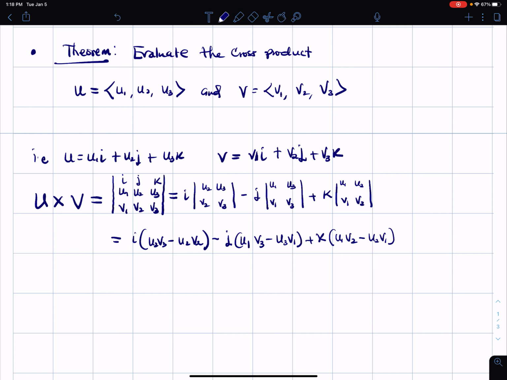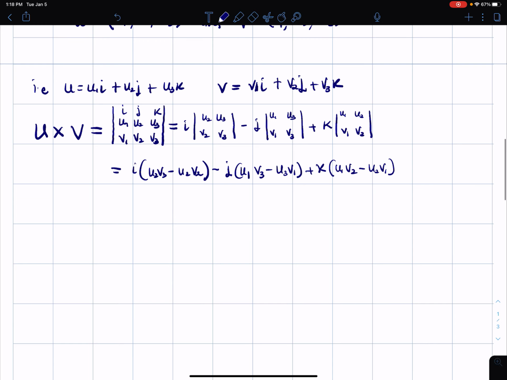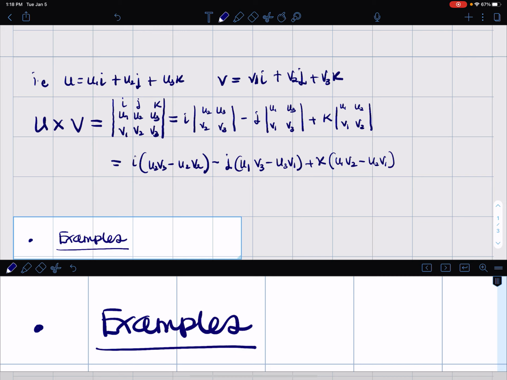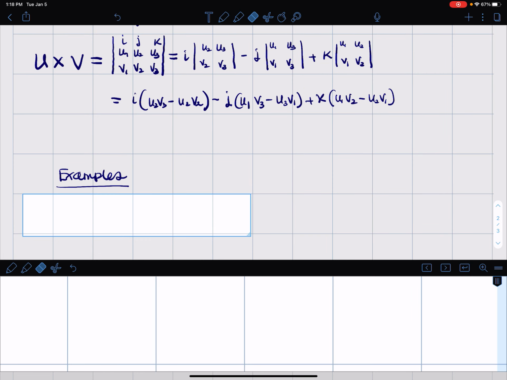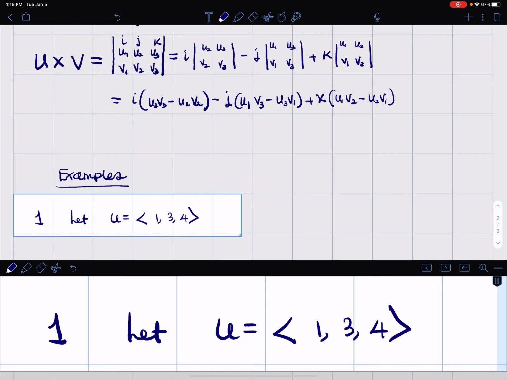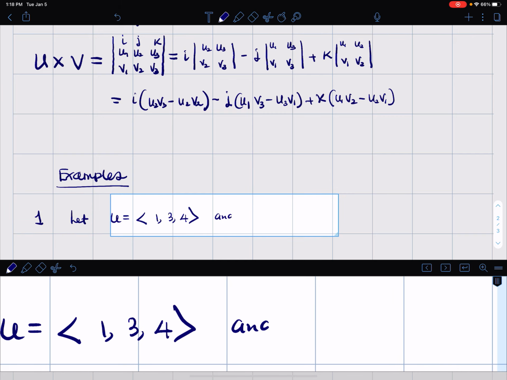So with this, let's do some examples. Let U equal (1, 3, 4) and V equal (2, 7, negative 5).